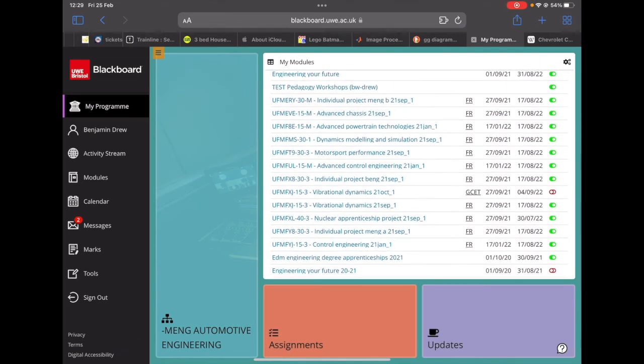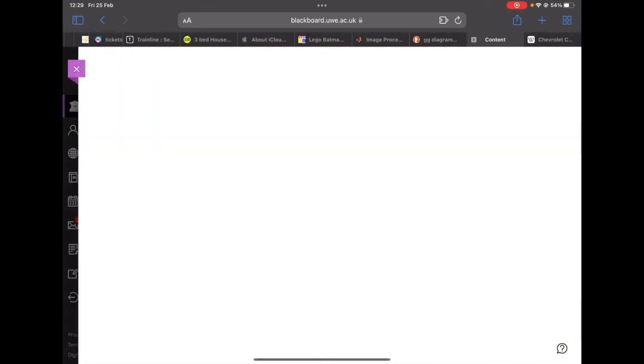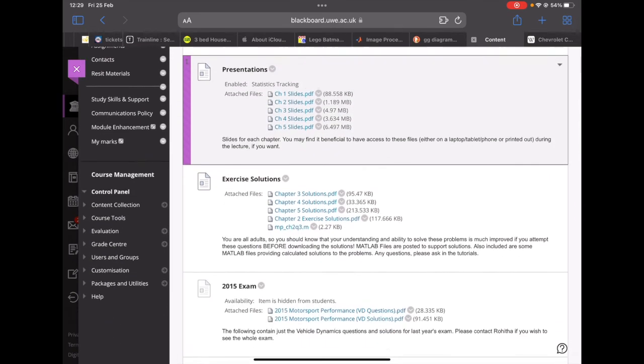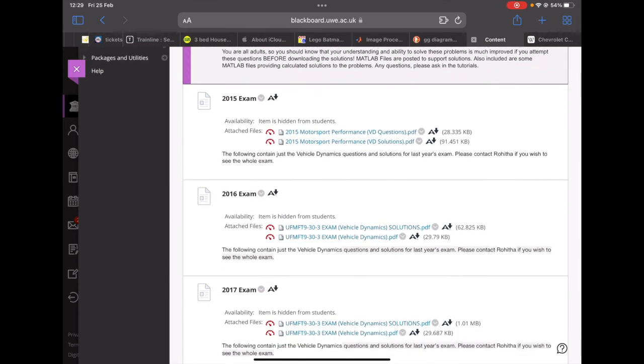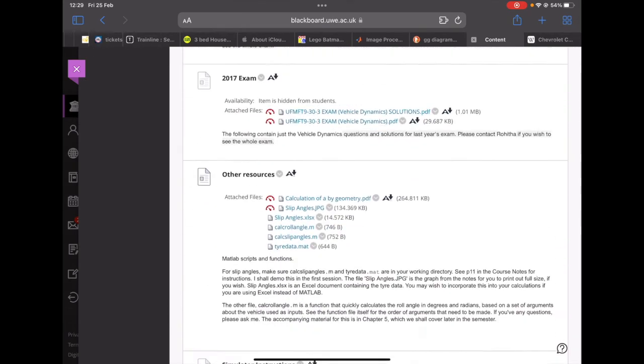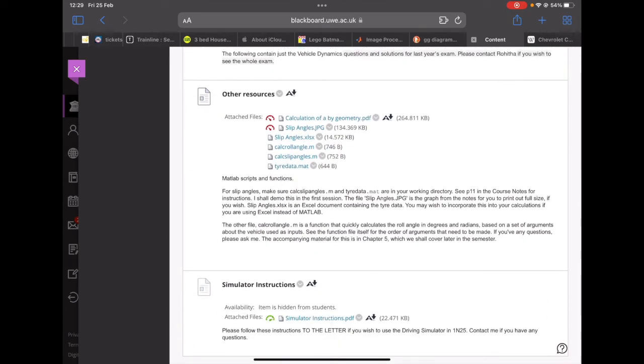So they go to this module, Motorsport Performance. Calculation of A by geometry.